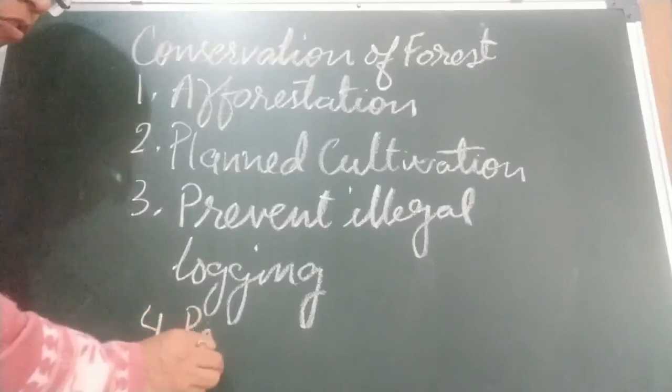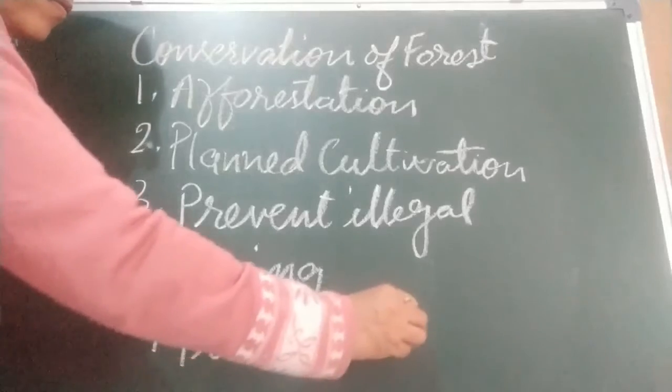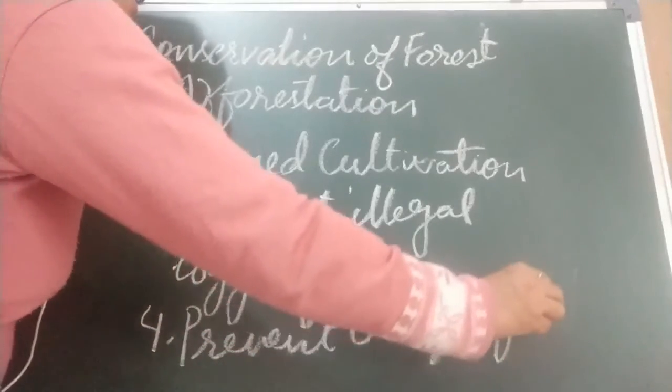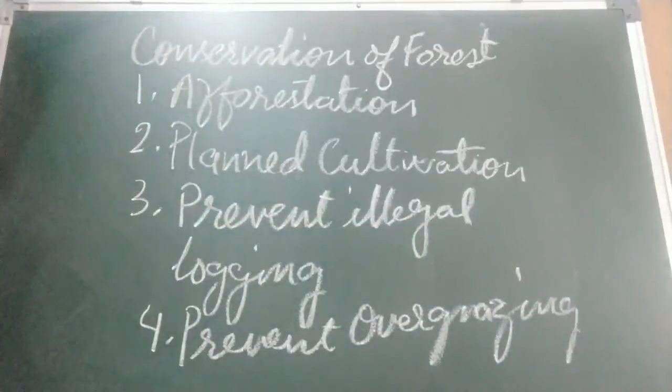Next is preventing overgrazing. People leave their cattle so that they graze the grass or small plants. So we need to prevent this overgrazing. Why? Sometimes these animals uproot the new plants which are coming, where seeds are there and very small.